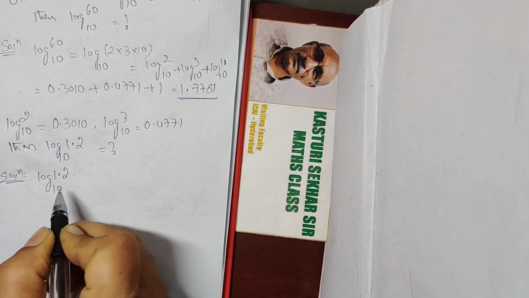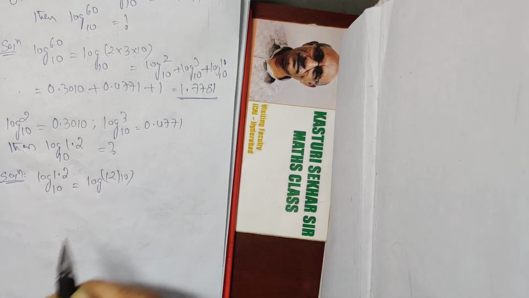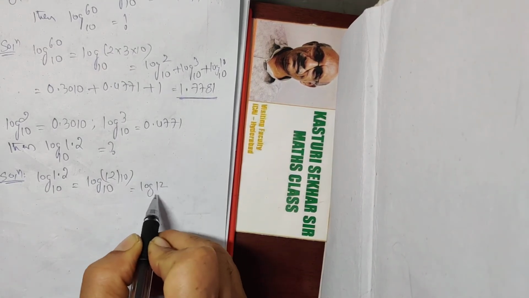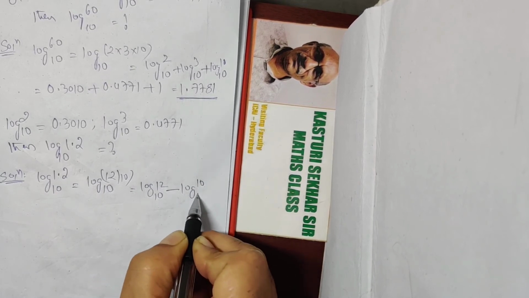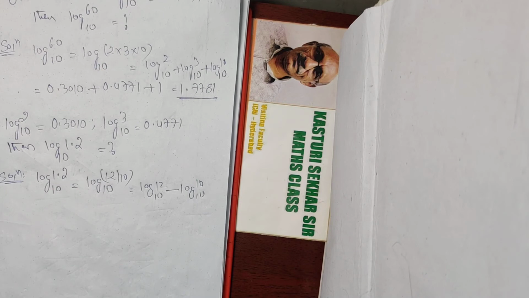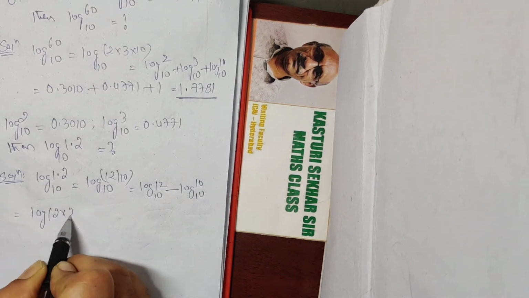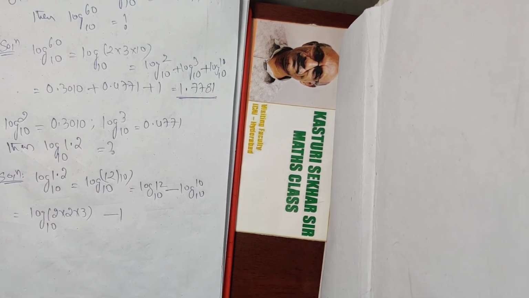Log 1.2 to the base 10 can be written as log 12 by 10 to the base 10, since 1.2 is 12 divided by 10. This is equal to log 12 to the base 10 minus log 10 to the base 10, which is log of 2 into 2 into 3 to the base 10 minus 1. Log 10 to the base 10 is 1.